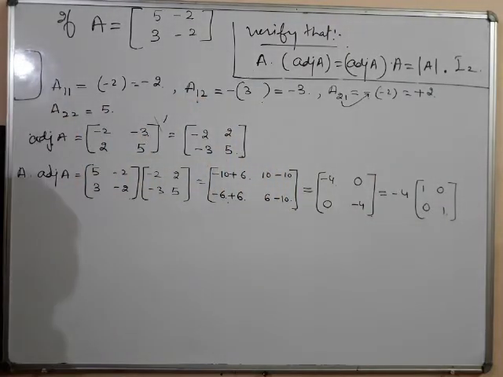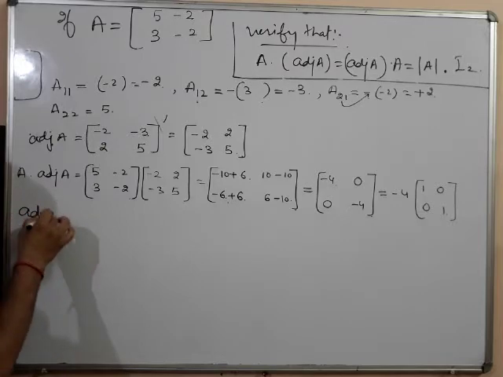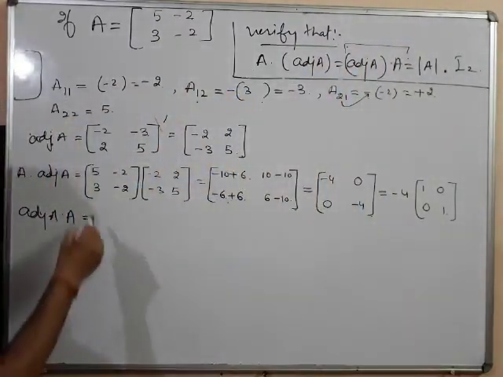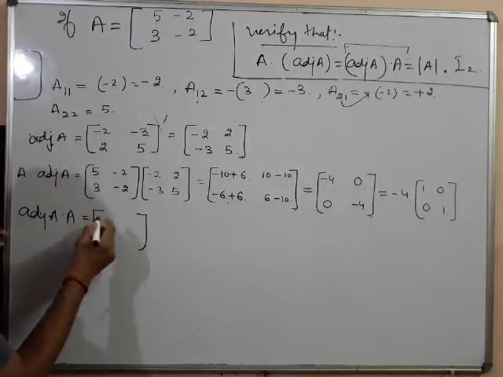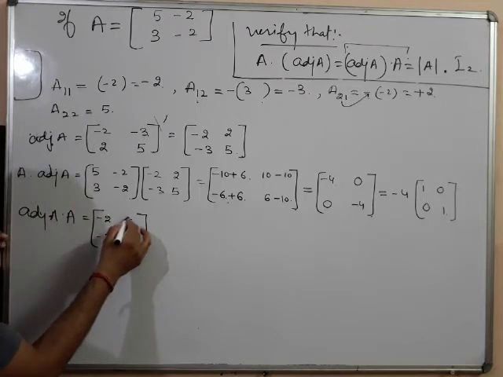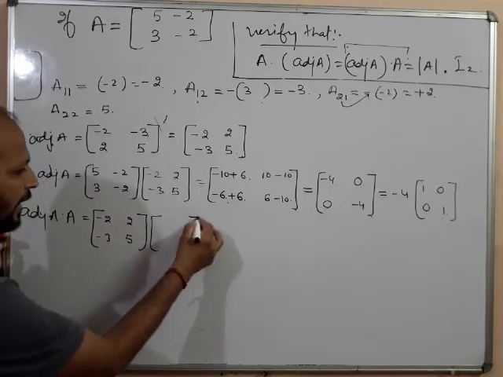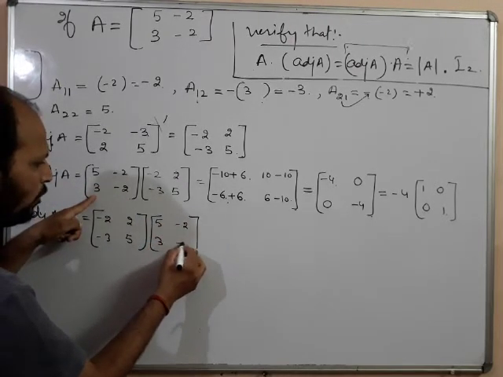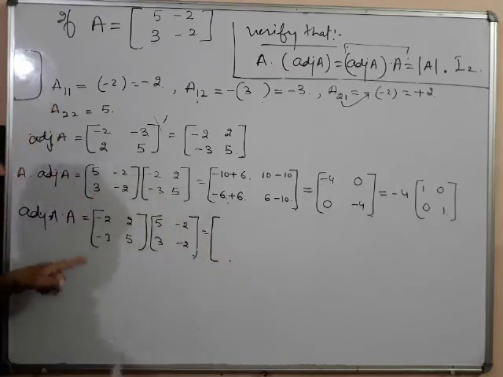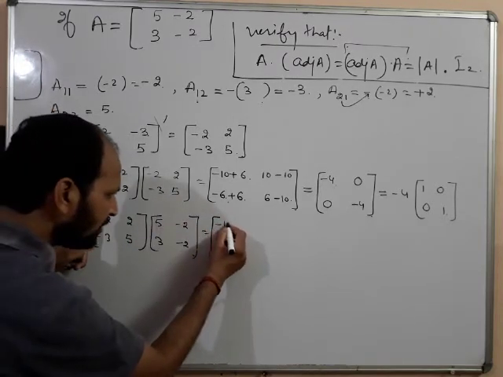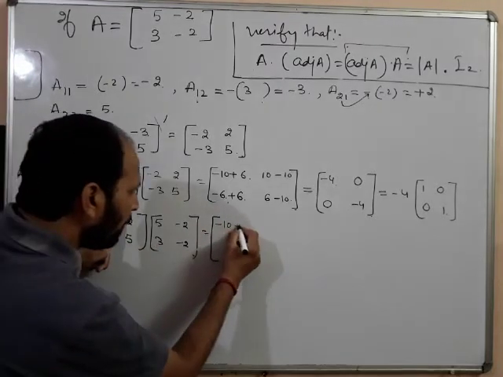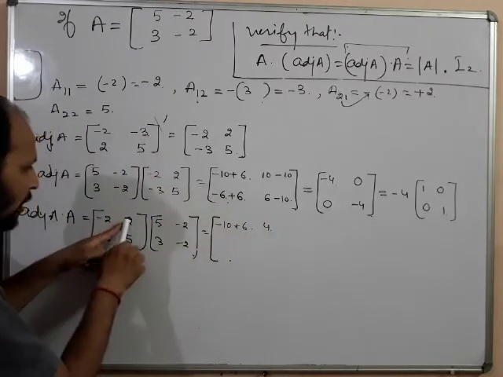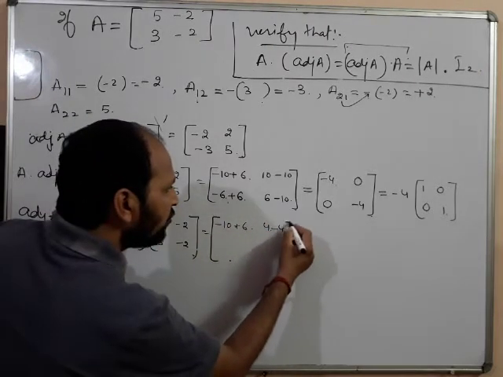Now the adjoint of A into A. The adjoint is minus 2, minus 3, 2 and 5, and the matrix is 5 3, minus 2, minus 2. That will be minus 2 into 5 minus 10, 2 into 3 plus 6, minus 2 into minus 2 is 4, 2 into this minus 4.